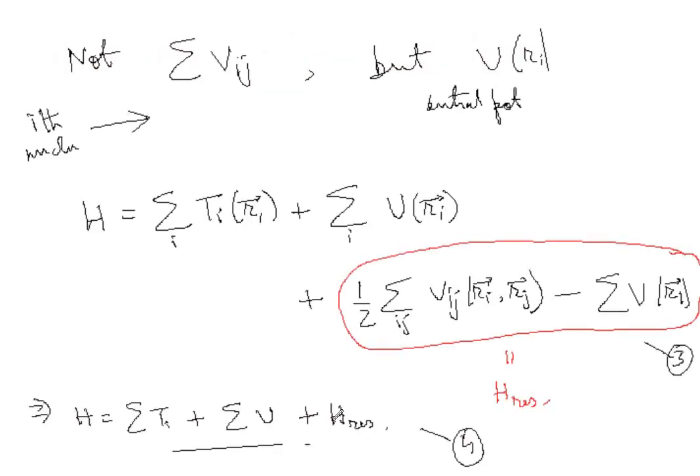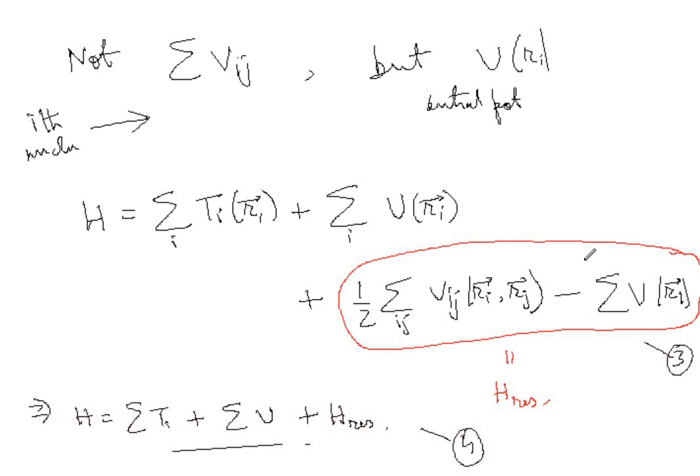Now this H residual basically refers to residual interactions. What does this mean? It is the part of the potential not embraced by the central potential.